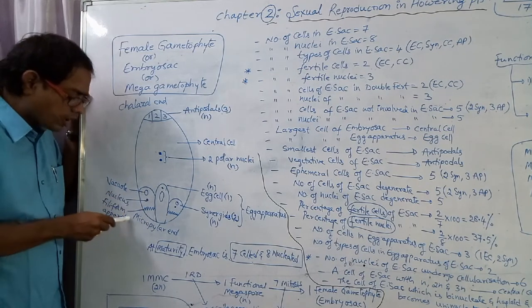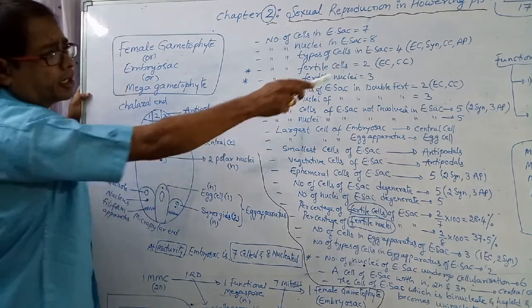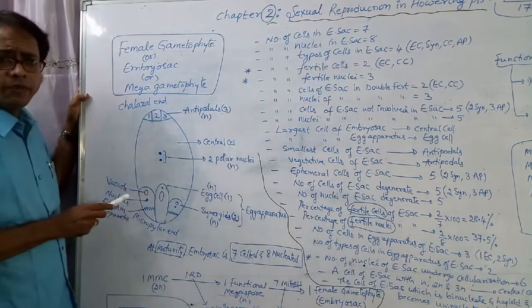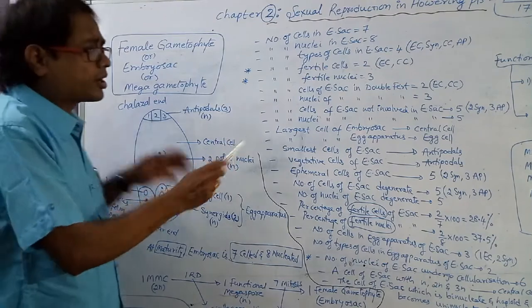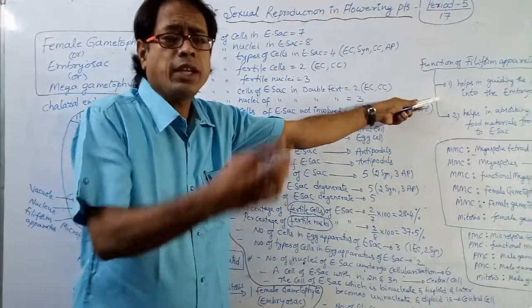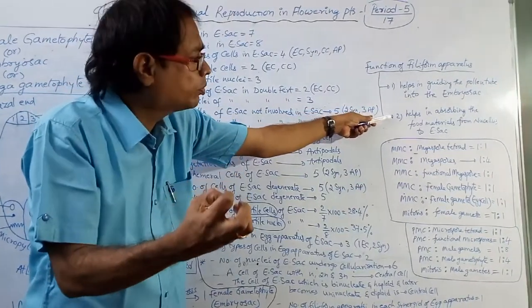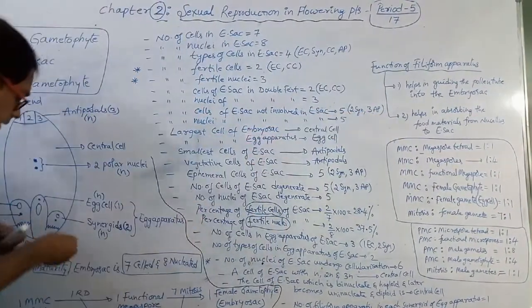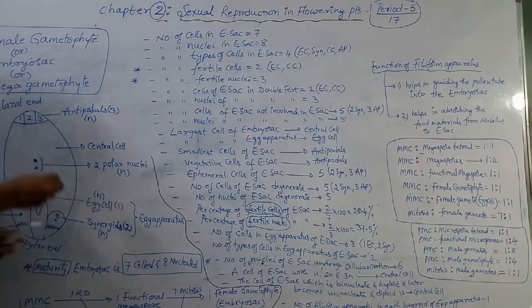What is the importance of the filiform apparatus? I have written the functions of the filiform apparatus there. It helps in guiding the pollen tube into the embryo sac.